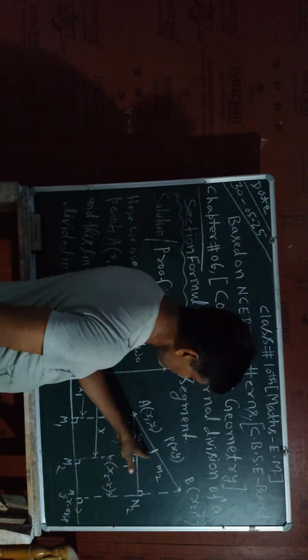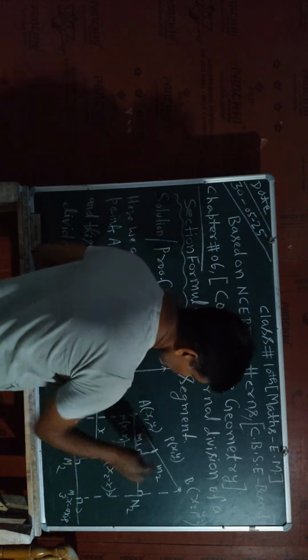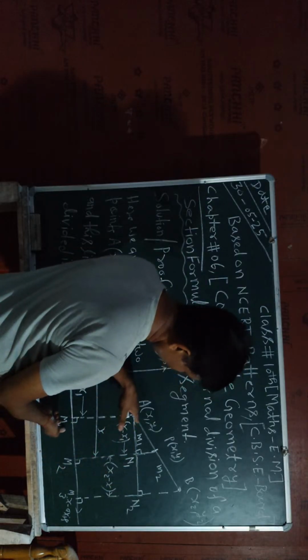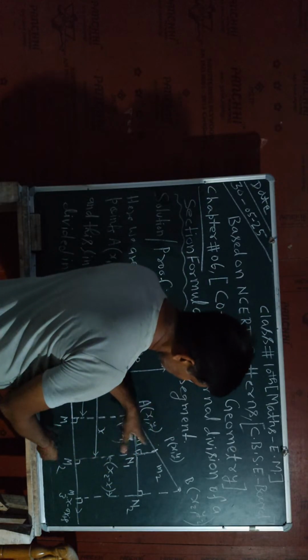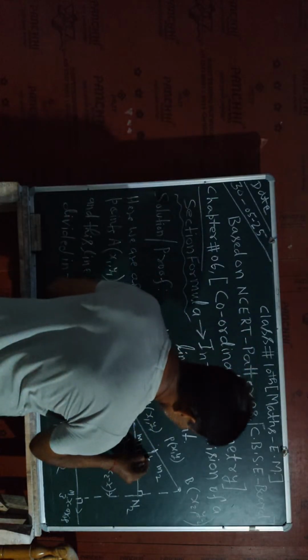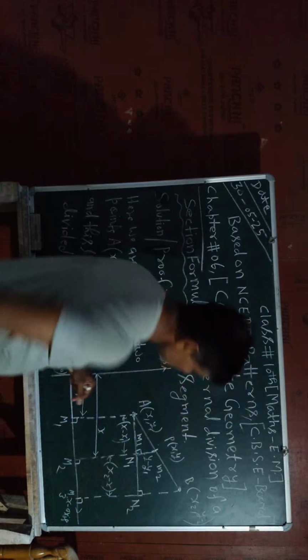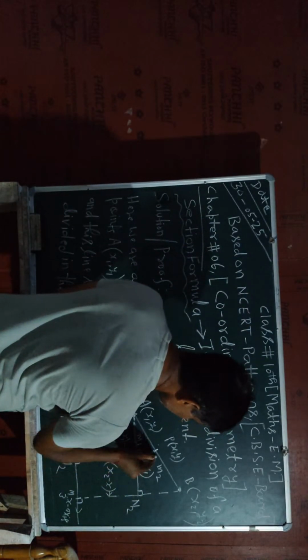If I calculate this length, this length is y1 and this length is y, so it will be y minus y1. In the figure I have to write like this.